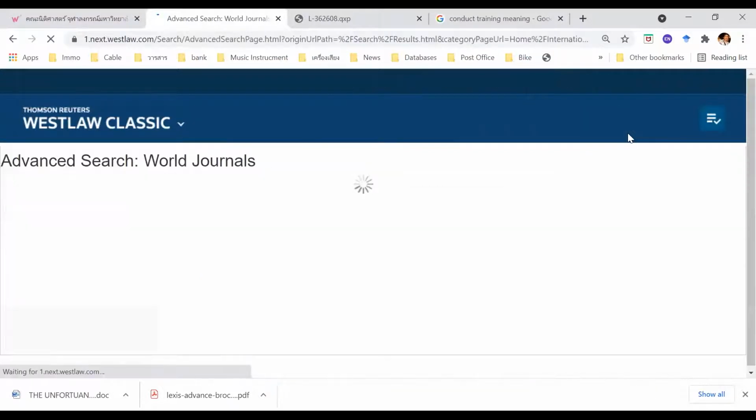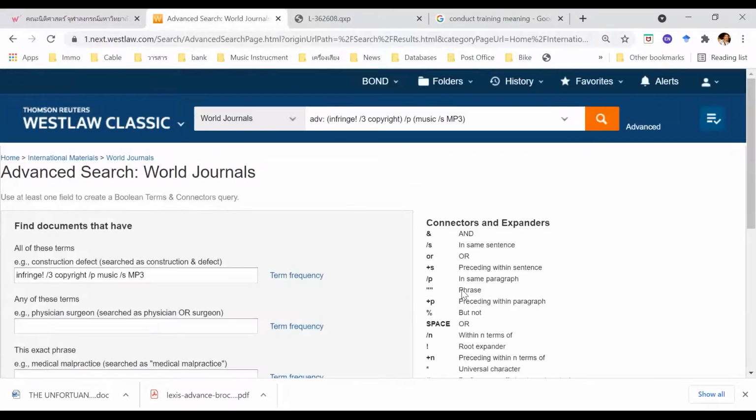So if you put the plus in front of /s or /p, it means you consider the word order. If you say infring comes after copyright, the meaning is different.